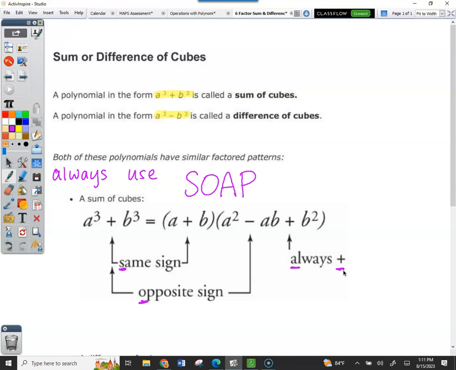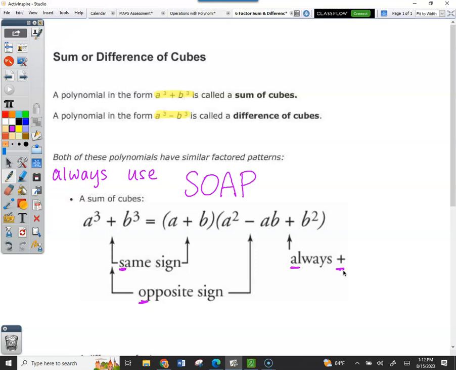To get the numbers, you should notice the pattern. The cube root of each term is the first binomial when you factor it. So you cube root. When I do a practice problem, this is probably going to make more sense. Just watch and let me say this part first. Take the cube root, and that's your binomial.